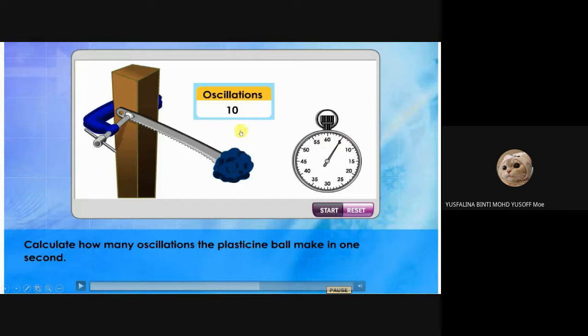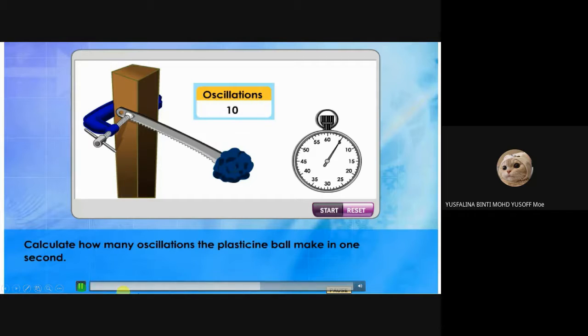So to find how many oscillations in 1 second, you just divide 10 by 5. This we call frequency. So you have to remember the meaning: the period is the time taken for one complete oscillation, and frequency is how many oscillations are made in 1 second. To find the frequency, you divide the number of oscillations by the time taken.